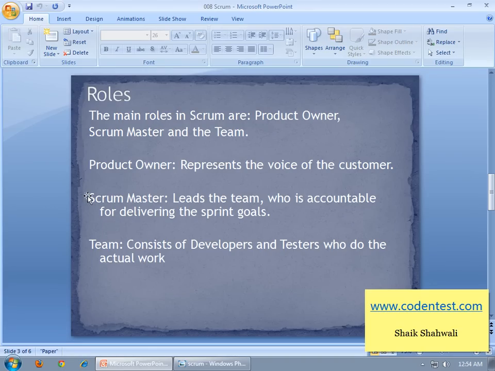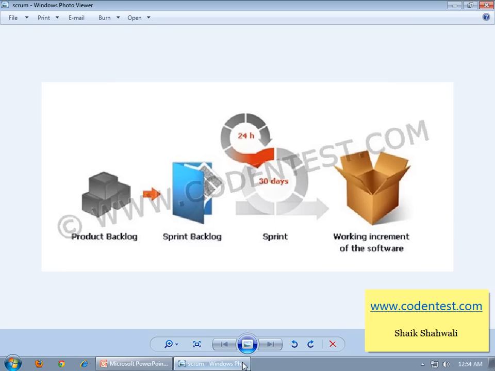Now the Scrum Master. The Scrum Master is the one who heads the Scrum. He is accountable for delivering the sprint goals. In a sprint we have a few goals, like delivering 5 screens or 4 screens or any number of screens. The Scrum Master is accountable for delivering those sprint goals, and he acts like a buffer between the team and any distractions.